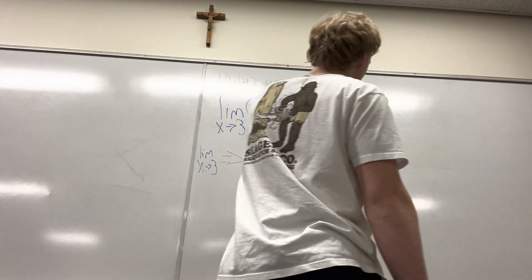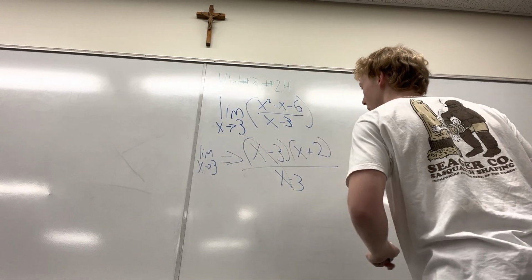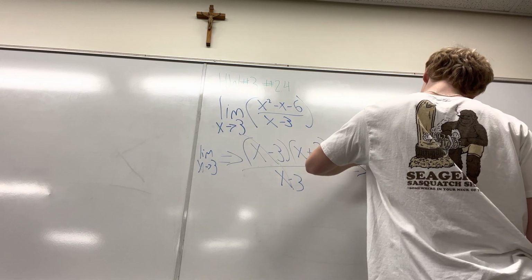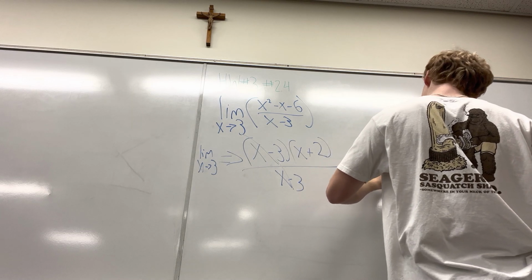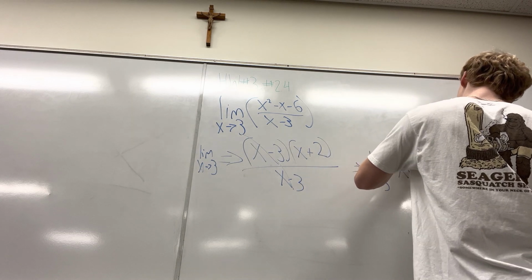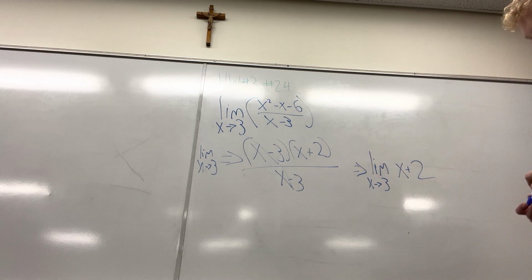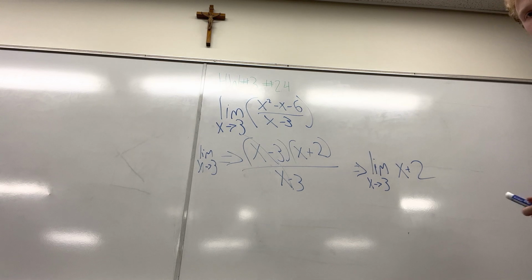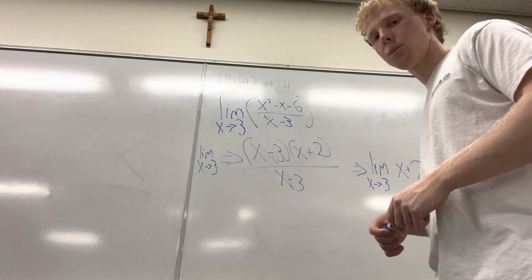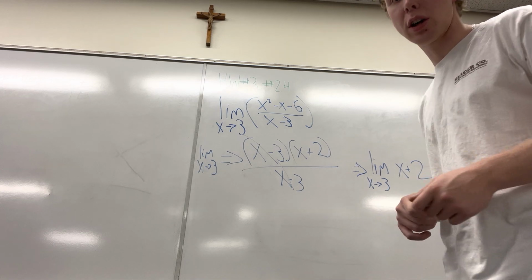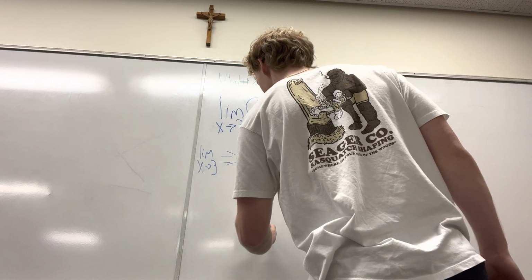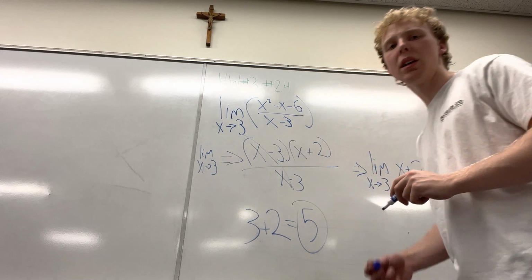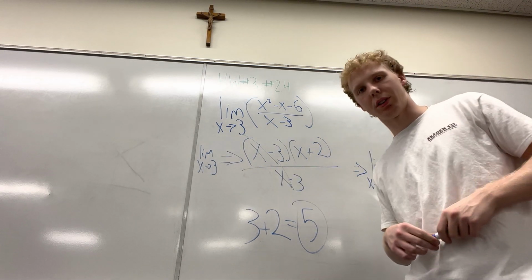Factor those out and go to the limit as x moves to 3 of x plus 2. Now, at this point, we can tell this is a continuous function, so we can then just directly plug in 3 into x plus 2 to get 5. And that would be the limit that you have at that point.